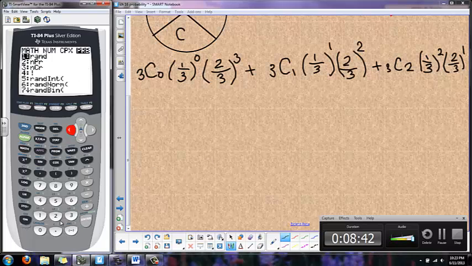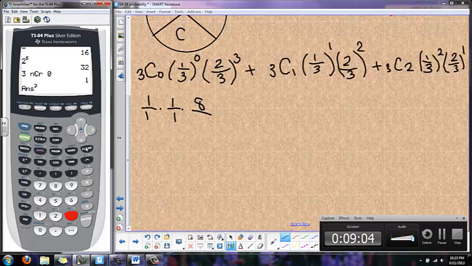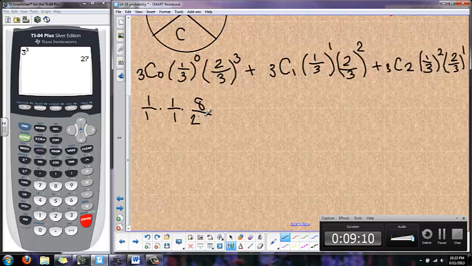3 choose 0 is just a 1. So 1 over 1 times anything raised to the 0 power is a 1 again. 2 to the 3rd power is 8. 3 to the 3rd power is 27. Plus 3 choose 1.